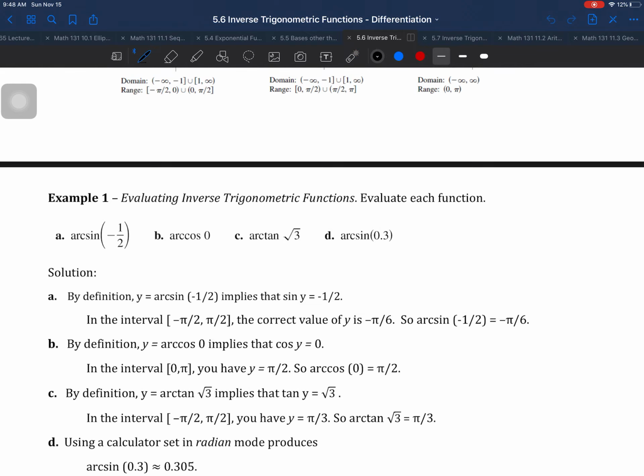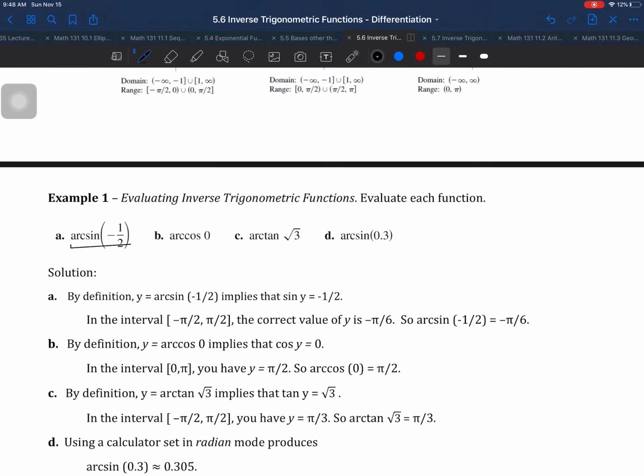Since we're looking at arcsine, we know that we're not very familiar with the values of an arcsine, and you shouldn't be, but you should be familiar with the values of sine.